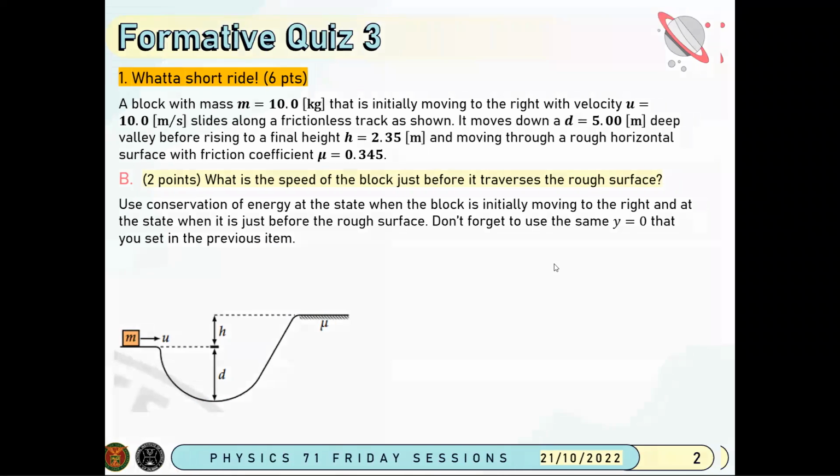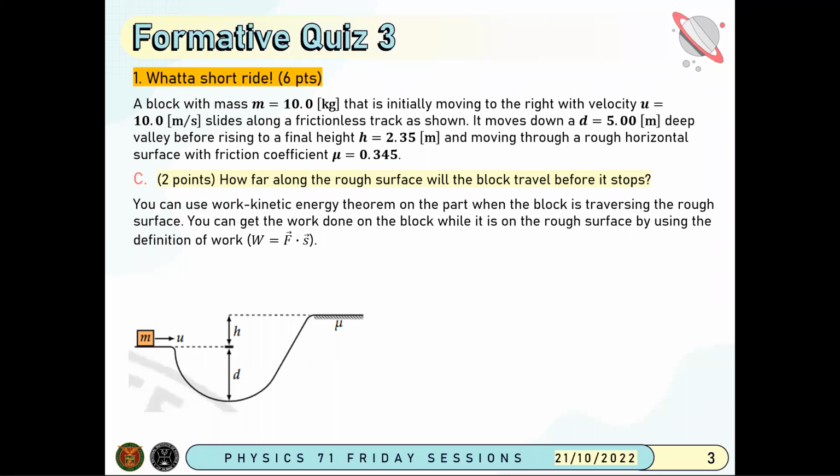Now for letter C, how far along the rough surface will the block travel before it stops? Okay. So for this, para mabawasan yung effect nitong nung nag-slide yung block kanina, pwede na nating kunin yung initial state and final state to be in this surface lang.